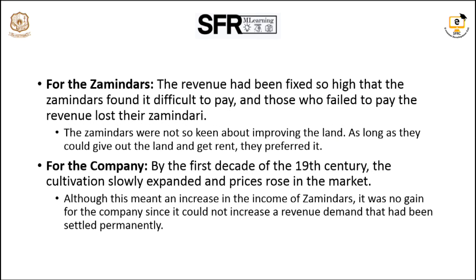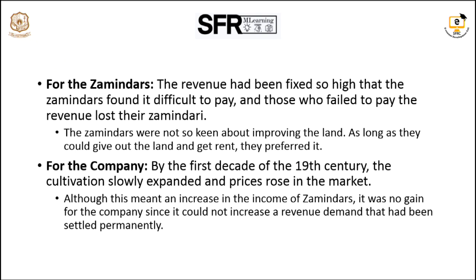Next is the problem for the Zamindars. They had the same trouble: they had to pay high tax to the company. If they failed to pay the tax, they would lose the Zamindari, and would not be the Zamindar in future.